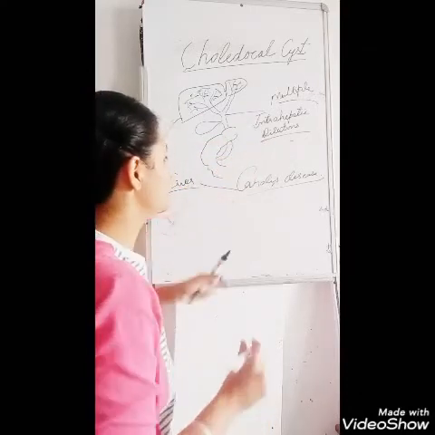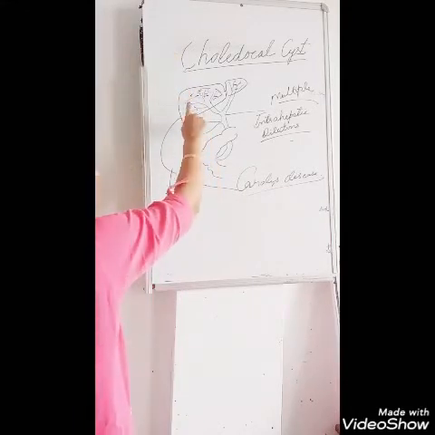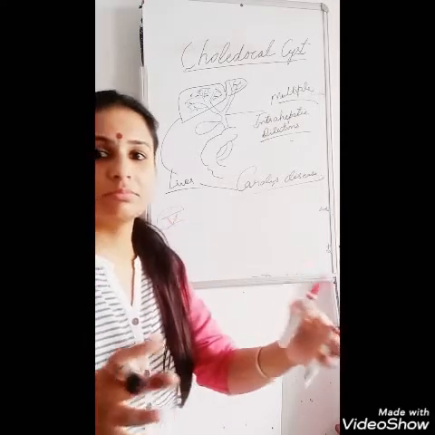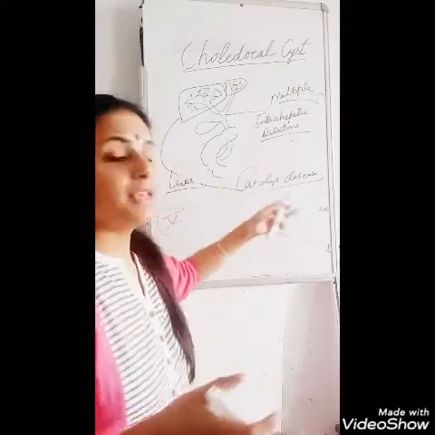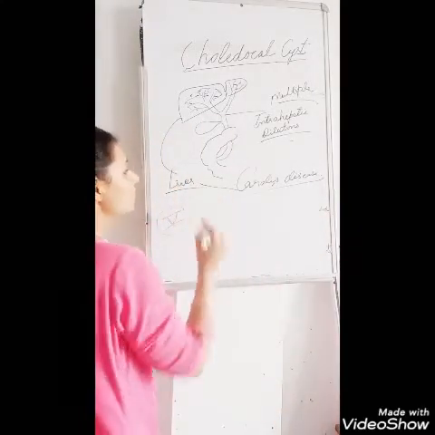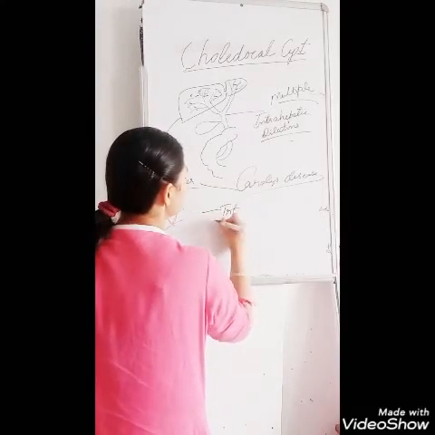This is Caroli disease. Now in this case, because there are intrahepatic dilatations, we will remove the multiple cysts. It is not easy to remove each and every cyst present in the liver. So we will remove some part of the liver. So in treatment, we will do surgery.